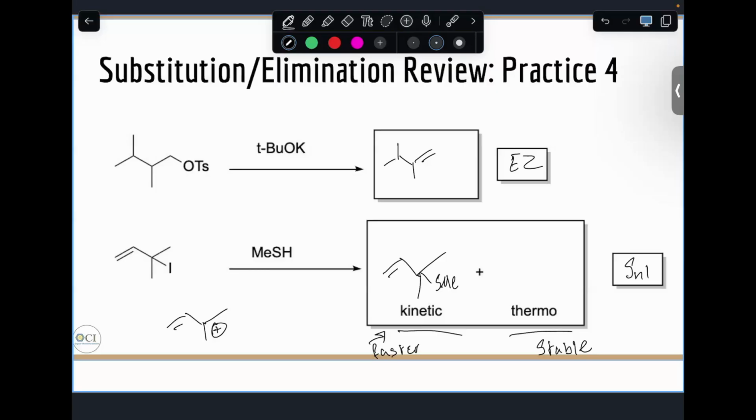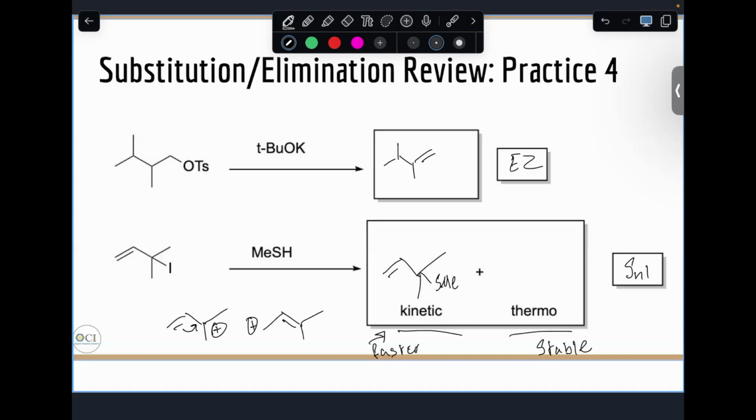And then for our thermodynamic, it's the one that's more stable. So with this tertiary carbocation, we can do resonance, pushing this. Right?